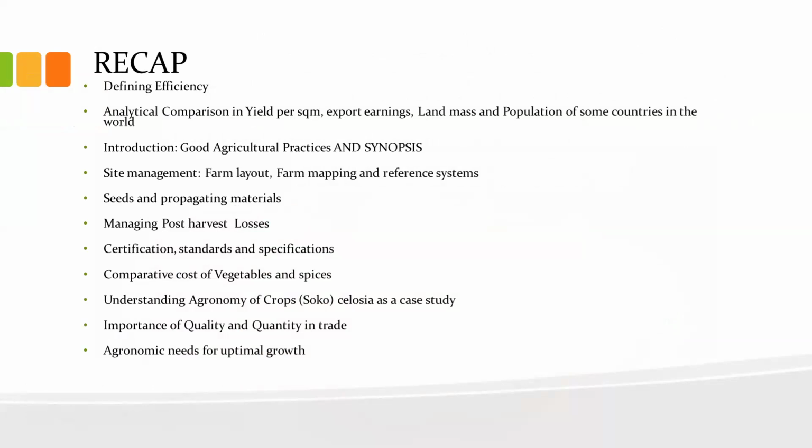We tried to define efficiency and why it is very important in our agricultural landscape. Then we used an analytical comparison of yields per square meter in export trades in different countries, particularly the Netherlands, Israel, America, Nigeria, and some other African countries, to allow us to see the gaps in the production systems and why this conversation is very important.